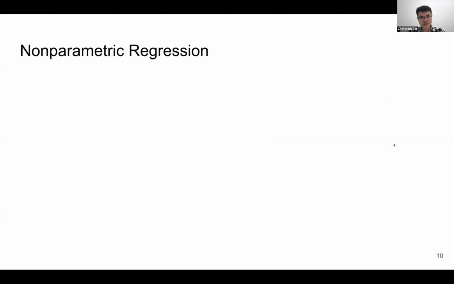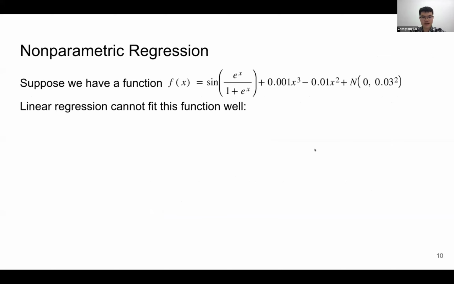Yeah, thank you, Haoyang. There are some cases where we cannot specify the systematic structure of the model. For example, suppose we have a function of this very complex form, where the first part is the systematic structure, and the next part is the random structure. We know linear regression cannot fit this function well.